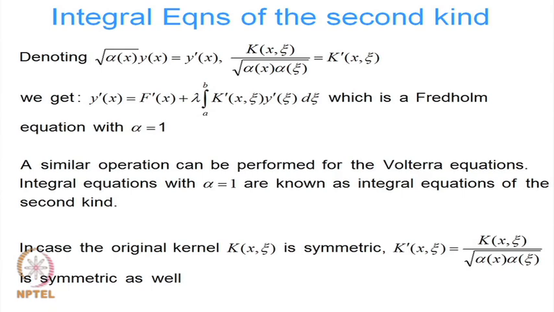So this is a Fredholm equation of the second kind, and it is always possible to convert a Fredholm equation of the second kind where alpha is not 1 to one where alpha is equal to 1 by doing this sort of change of variables. A similar operation can be performed for Volterra equations, and integral equations with alpha equal to 1 are known as integral equations of the second kind.